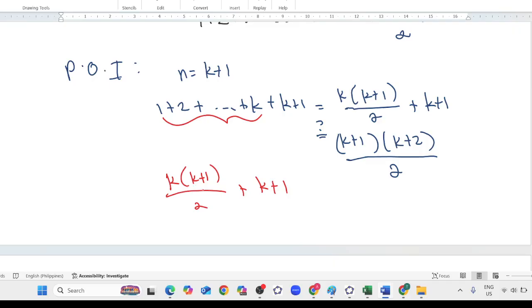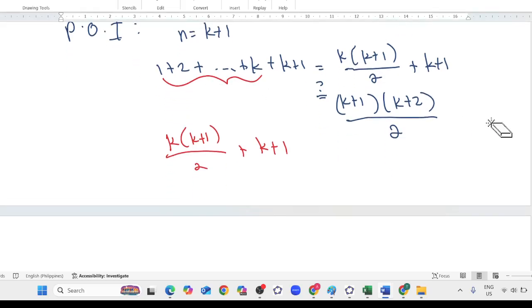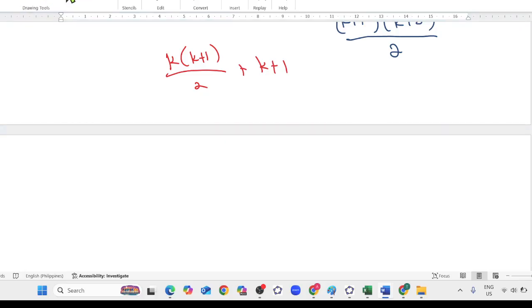Taking the denominator LCD, we have over 2: k times k plus 1 plus 2 times k plus 1, and that is equal to k squared.